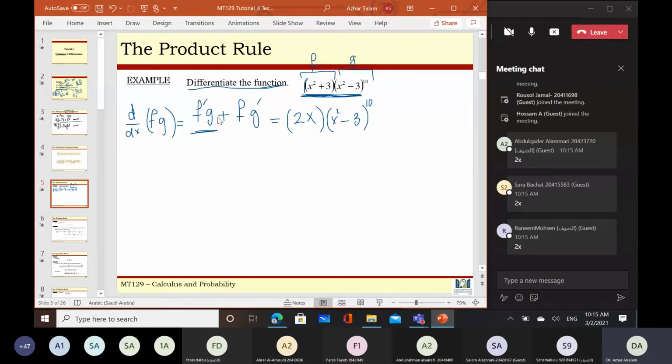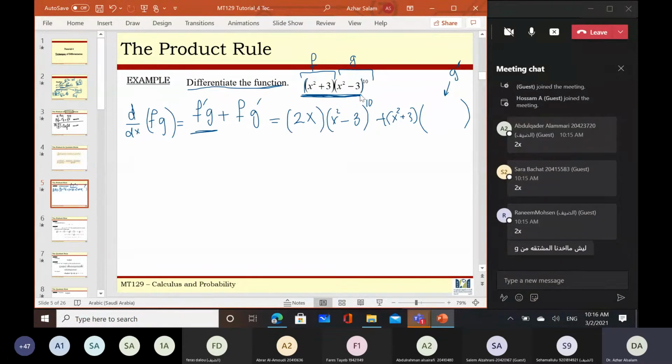Now for the second part, plus. I will write the same function f, x squared plus 3, then multiply by the derivative of g. In this bracket I will write g dash.